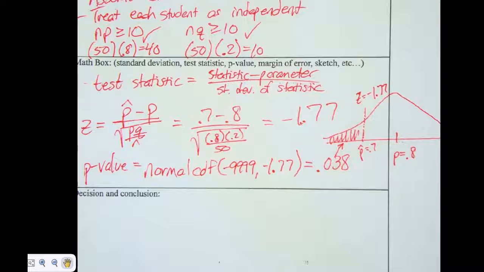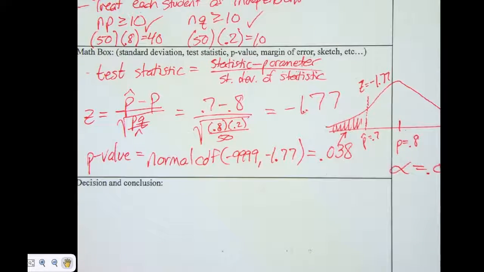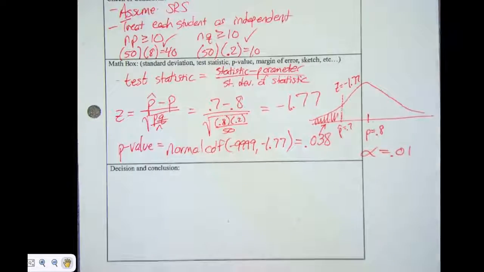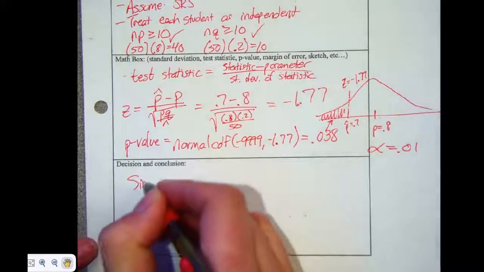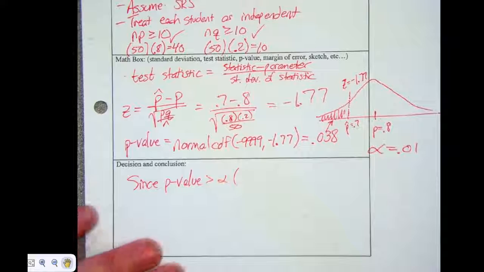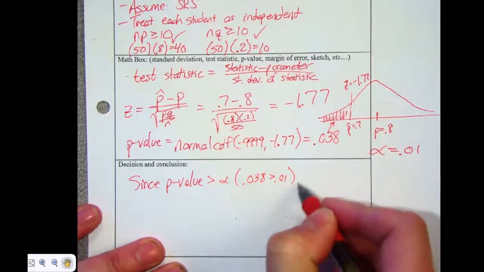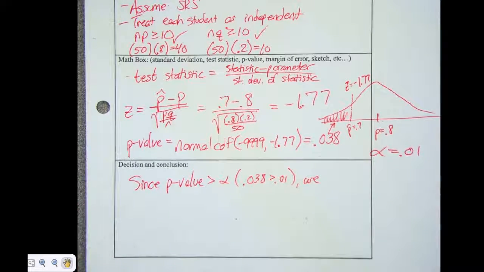What's alpha? 0.01. Made it lower in this one. Alright, so since the p-value is greater than alpha, so 0.038 is greater than 0.01, reject or fail to reject?